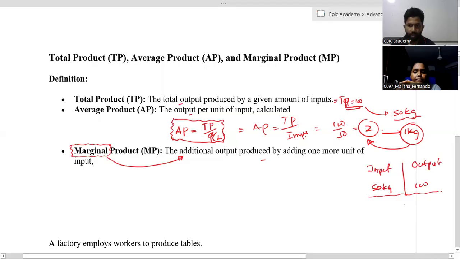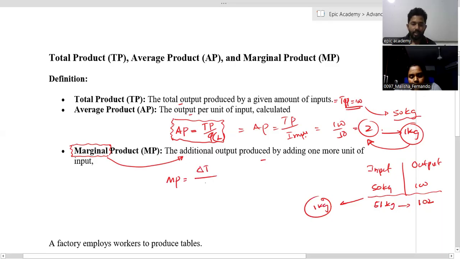Yes. And then you are adding additional input. I mean 51 kilograms. Additional is just one kilogram. After adding the additional kilogram, production becomes 102. So how can we calculate the MP? MP means marginal production. Delta TP divided by delta input.